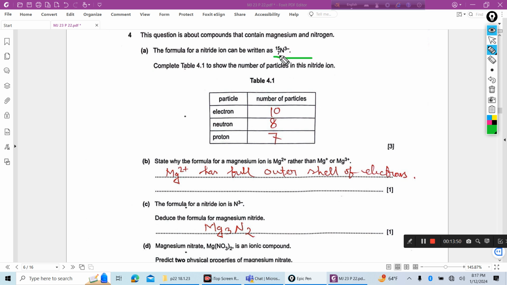Mass number minus proton number gives neutron number 8. And minus 3 means 3 electrons are extra. So the number of electrons will be 7 plus 3, which is 10.